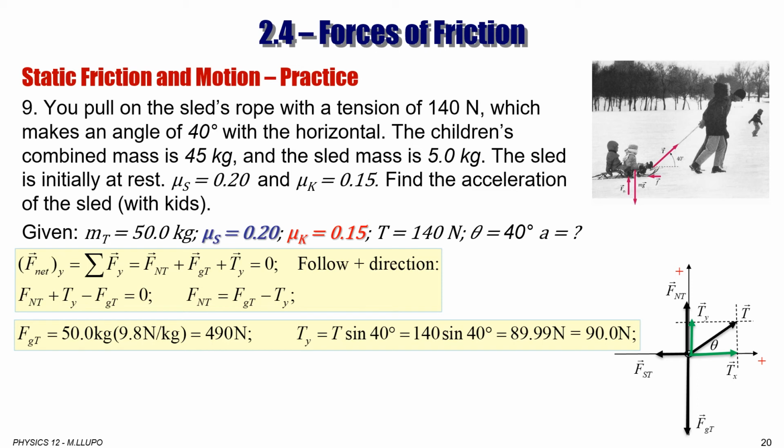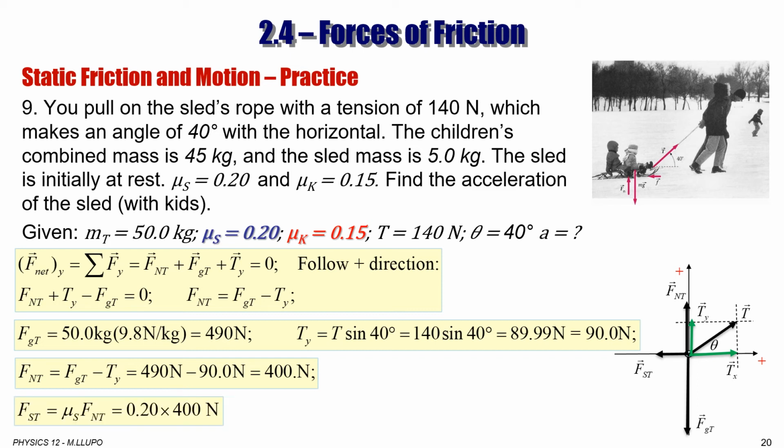Then we round it to 90.0 Newton. Then we solve for Fn, which is 490 minus 90, is 400. Now, since we know the formula of the static force of friction, which is mu s Fn, we can calculate the static force of friction, which is 80 Newton.